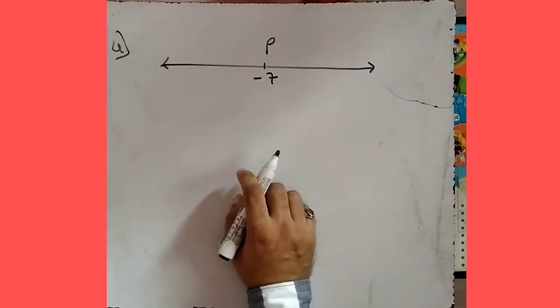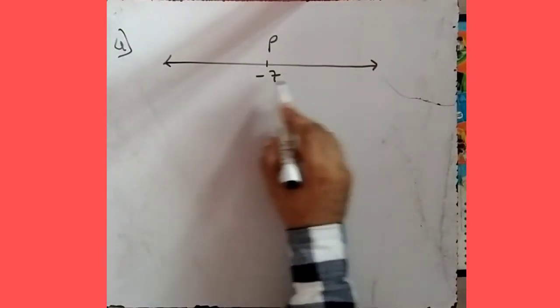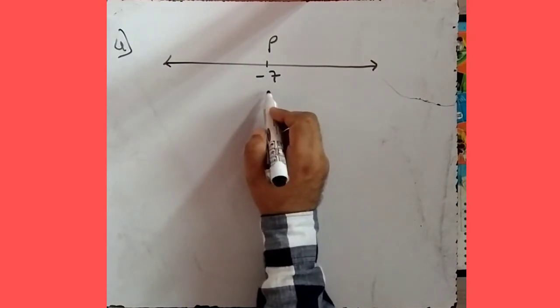In the fourth sum, it is given on a number line there is a point P. The coordinate of this point P is minus 7.